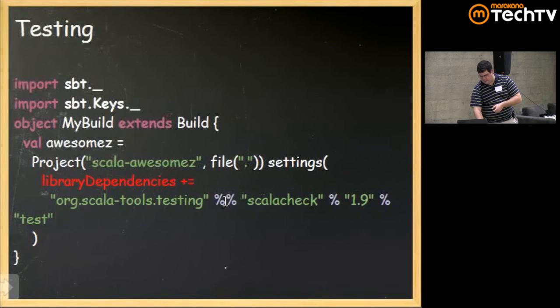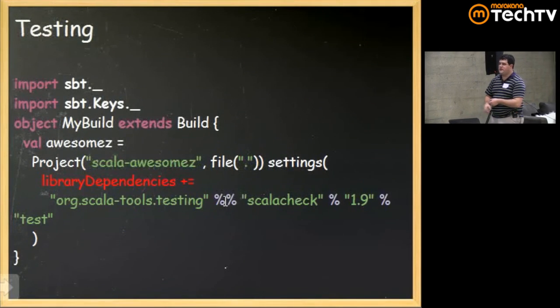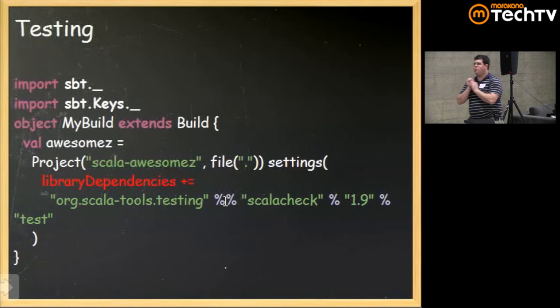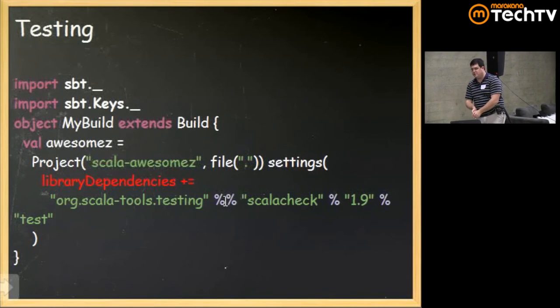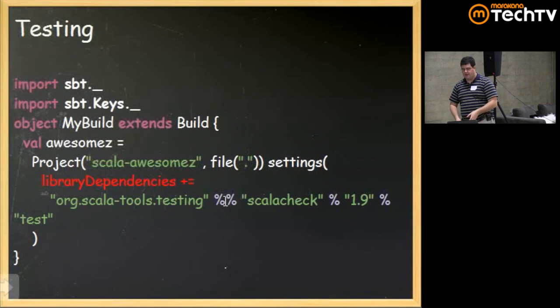The last thing is there are two little squiggles there, percentage signs. SBT has the ability to cross-deploy against multiple Scala versions. It added this when Scala had binary incompatible releases for every version, not just major. So this was a way to get around that. So if you wanted to release something for Scala 2.8.2 and 2.8.1, you had to release in this fashion.